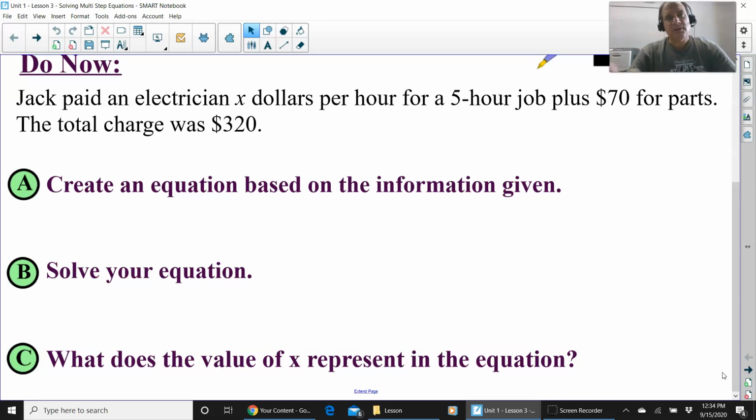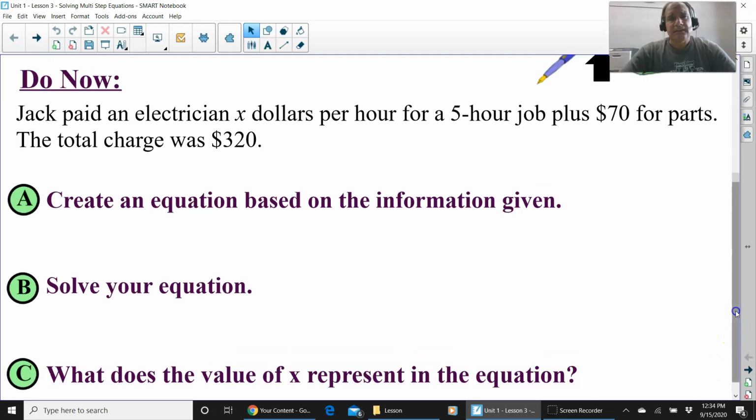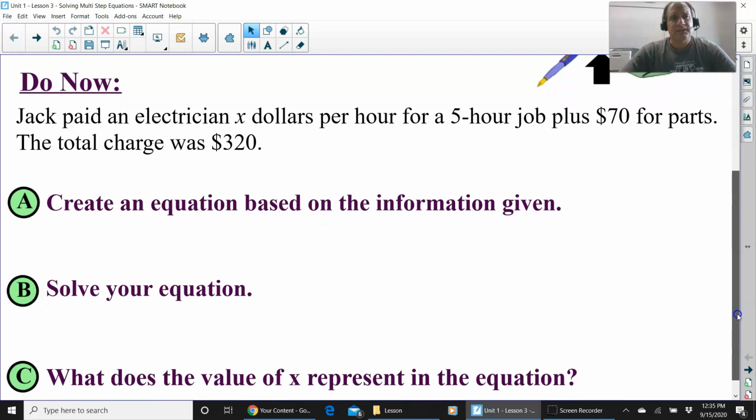Not just a number, but what it represents in words. So let's do the first part together, and then we'll pause the video to let you solve the equation.